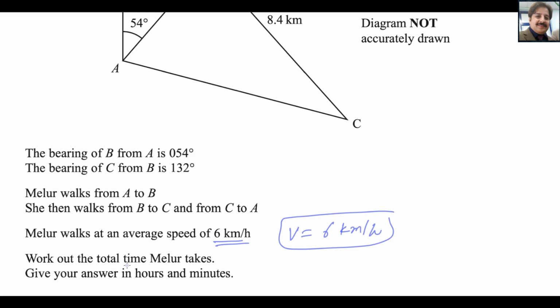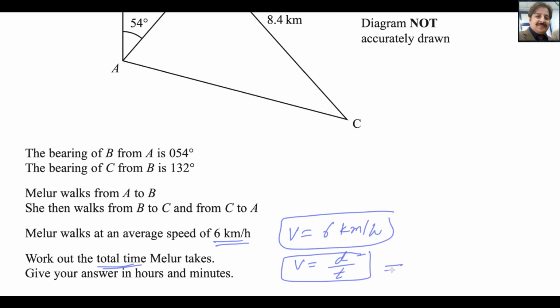If you remember the formula for speed, it is the total distance divided by total time. This is the formula. Now you want to find the total time.